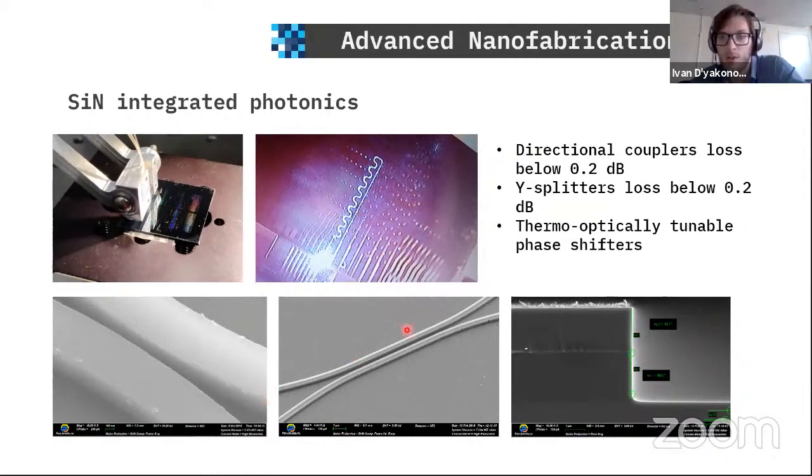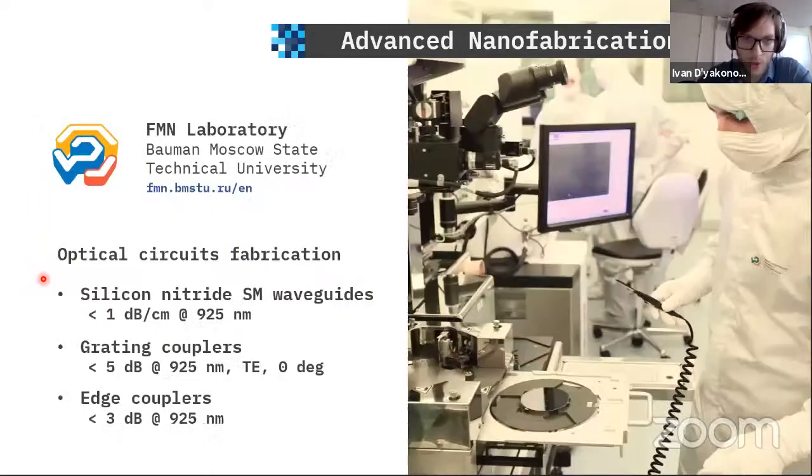We are working now only on the passive ones, the directional couplers, wide splitters, optimizing the grating couplers, and also starting to work on active devices, thermo-optically tunable phase shifters, for example. We have had quite a lot of success working with Moscow State University. If you want to contact them, there is a link over here.